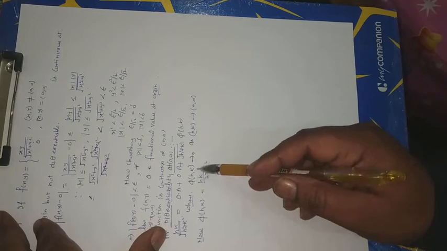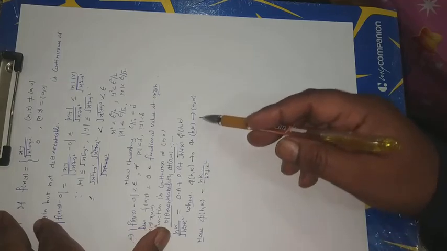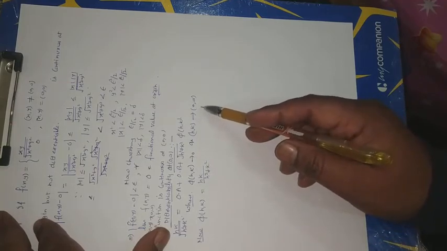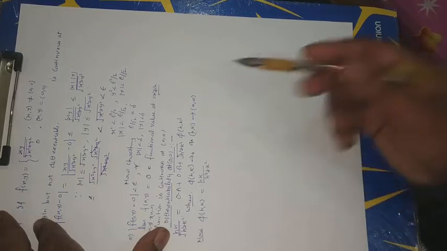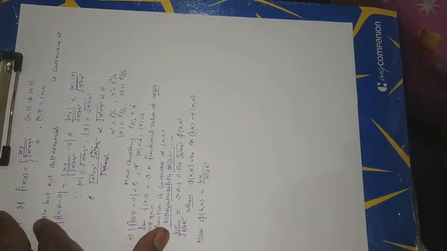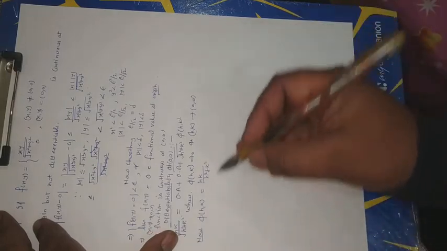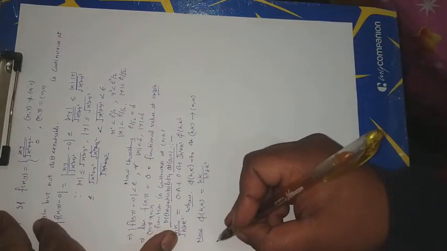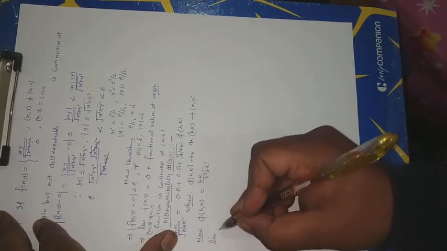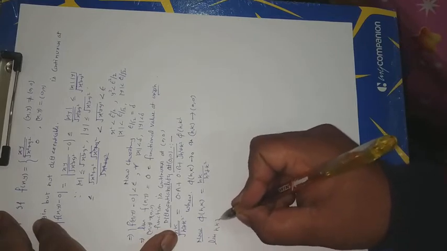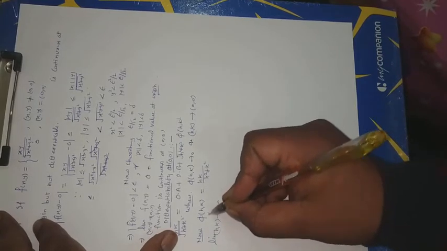Now the limit of phi(h,k) as (h,k) tends to (0,0), that is, we can calculate the simultaneous limit of phi(h,k).